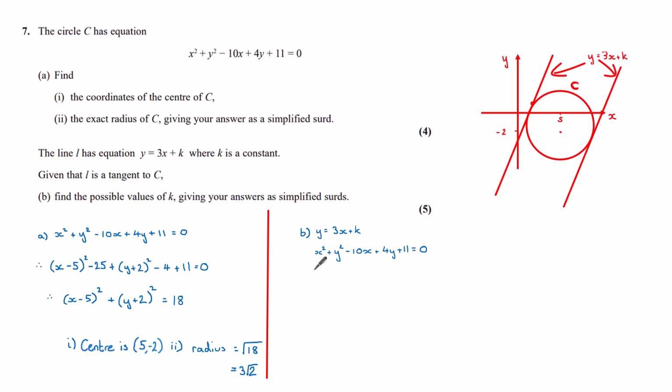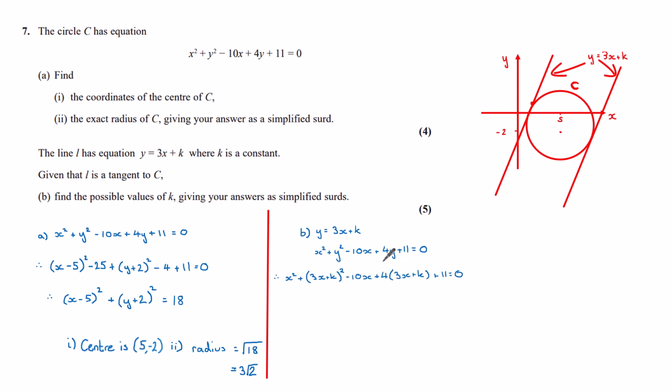Now I have the equation of my circle, x squared plus y squared minus 10x plus 4y plus 11. I have simultaneous equations here. So let's substitute y as 3x plus k into my circle equation.